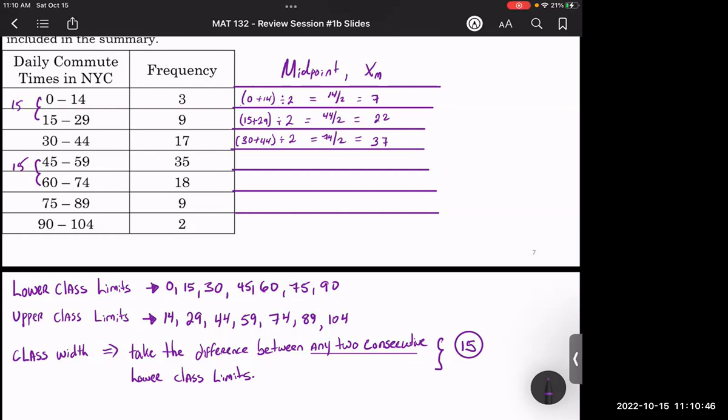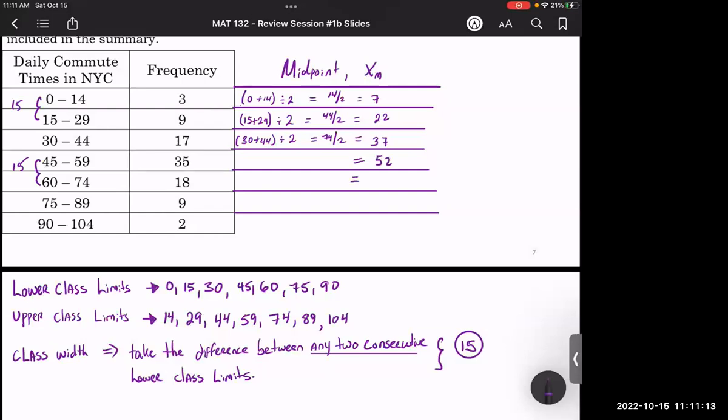If the midpoints go up by exactly your class width, you can use that pattern to fill out the rest of the table. What would our fourth class midpoint be? 52, which is 37 plus 15.